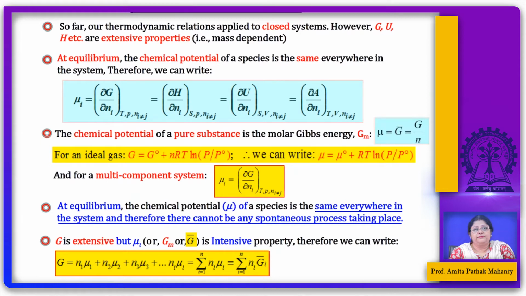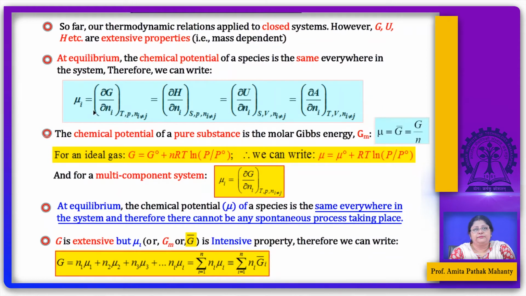If I have a component present, the chemical potential of that component will be the same throughout the system when it has reached equilibrium. Once equilibrium is reached, there is no further spontaneous process that can take place. Until equilibrium is reached, we have an ongoing process. So if we have reached equilibrium, the chemical potential of the species in the system should be the same everywhere.